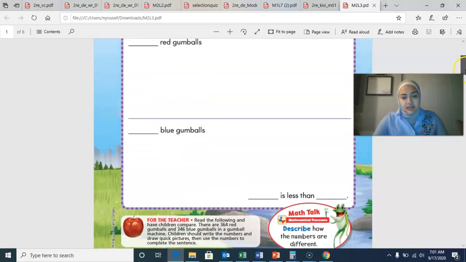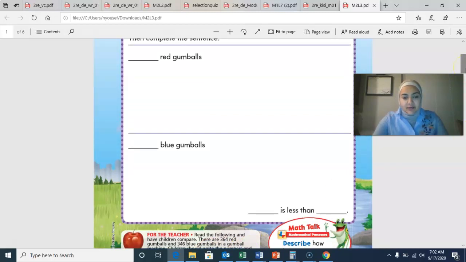Let's read the question. It says there are 364 red gumballs and 346 blue gumballs in a gumball machine. Children should write the numbers and draw quick pictures, then use the numbers to complete the sentence. So there are 364 red gumballs. I'm going to write that down.